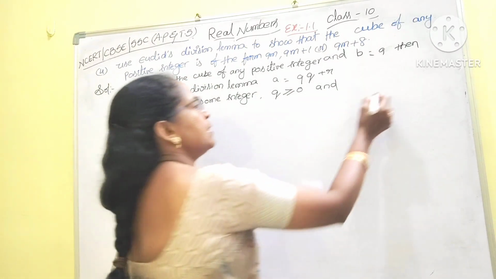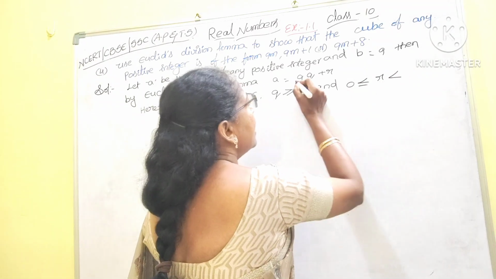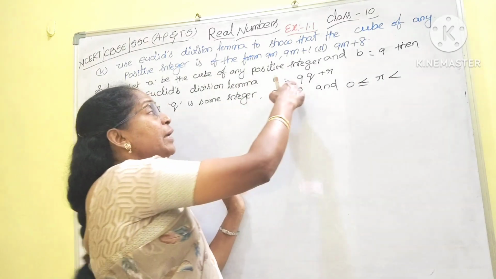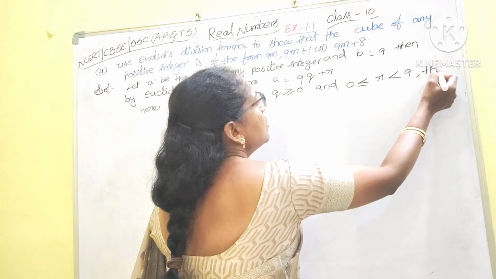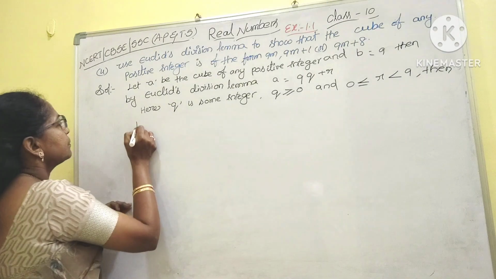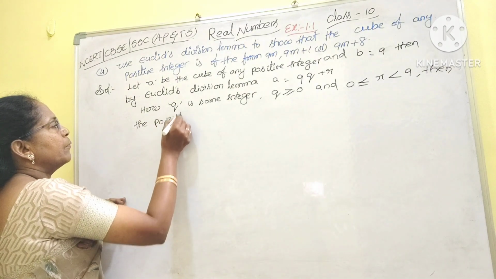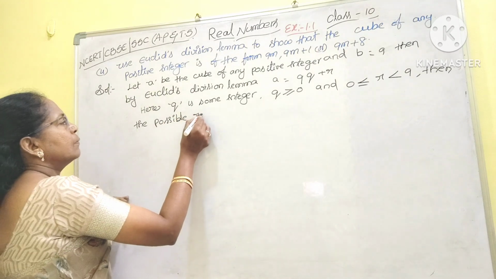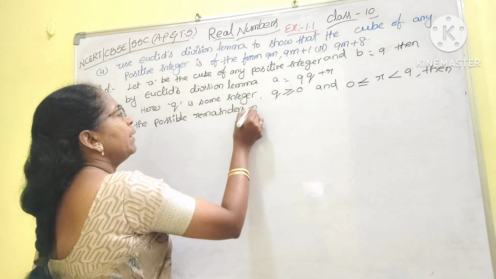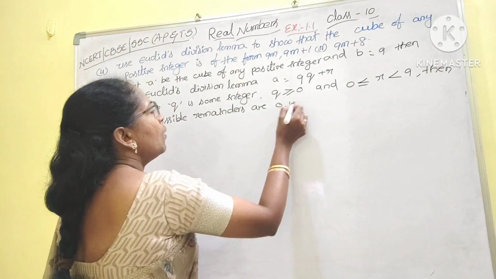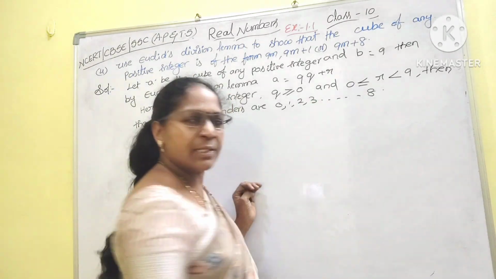The remainder value is always greater than or equal to 0 and less than the B value. What is B? 9, so R is less than 9. Then the possible remainders are 0, 1, 2, 3 and so on up to 8.